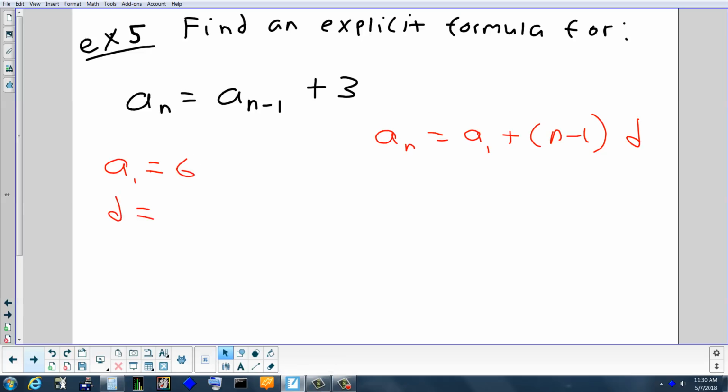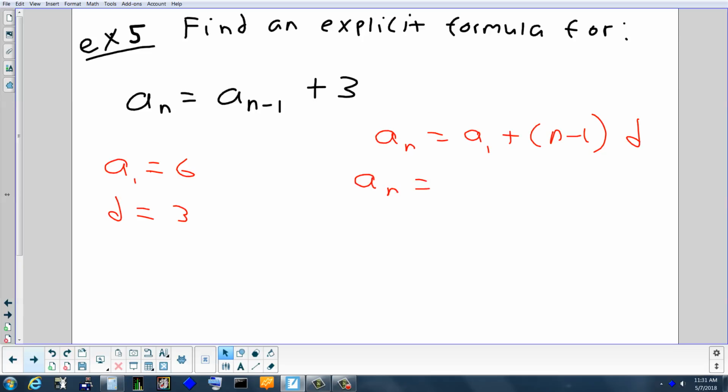And if you need to write out a few terms to see the common difference, you can. But you should be able to tell what you're doing each time. So what's the common difference here? 3. Because the next term would be 9, then 12, then 15. So if you subtract two terms, you're going to get a difference of 3.